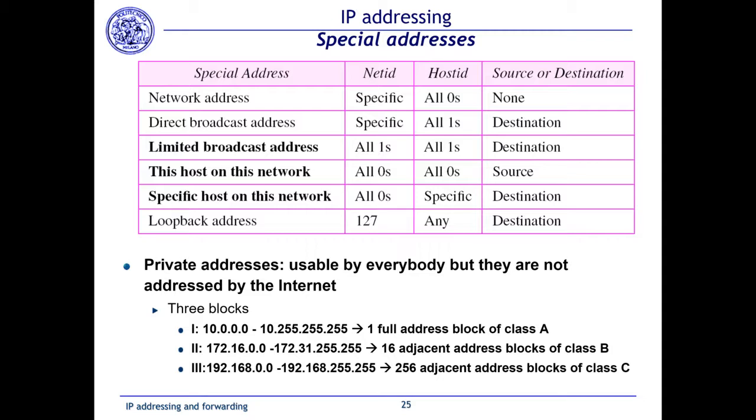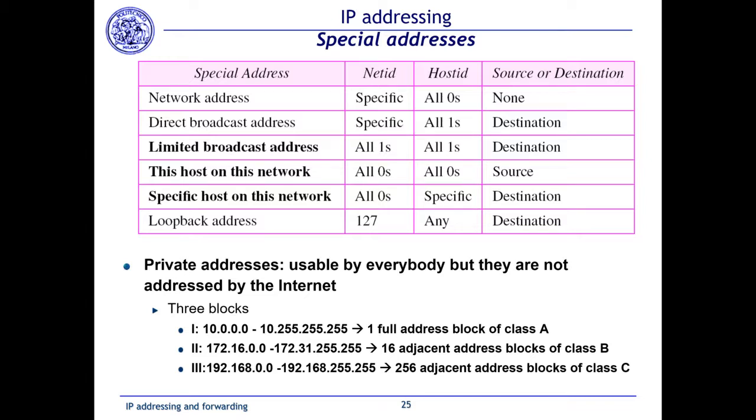When the network is connected to the rest of the internet by a router, that router is not allowed to send any packet that has these addresses as destination or source IP address outside the private zone. The private kingdom is kept separated, and in order to send packets outside, you need a system called NAT, network address translation, in which, by several techniques that we don't look at specifically in this course, these addresses are translated into public addresses.